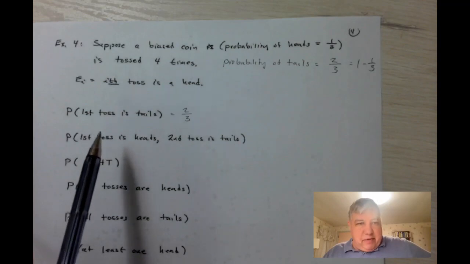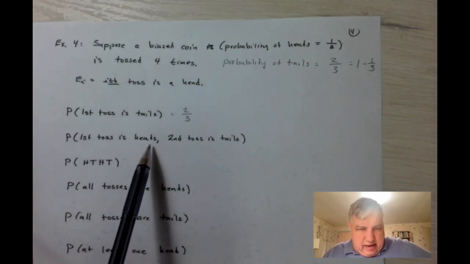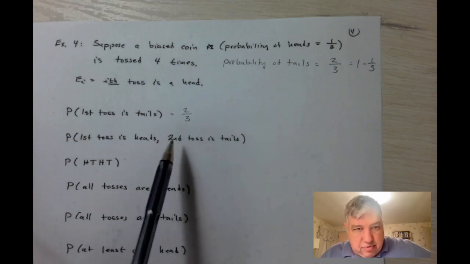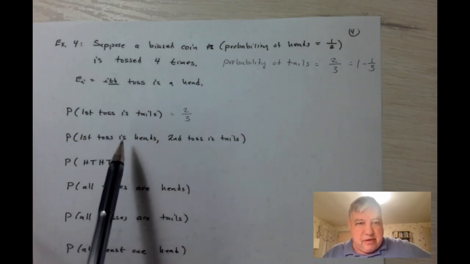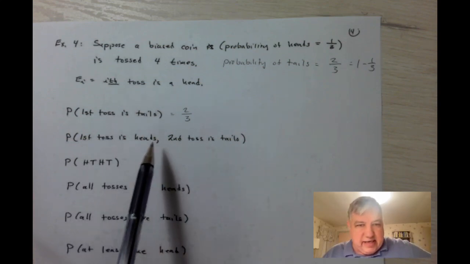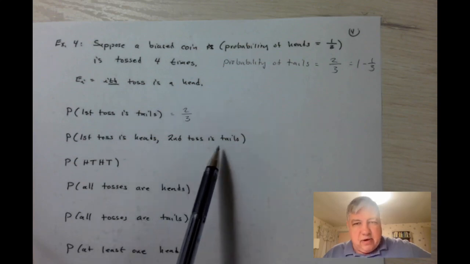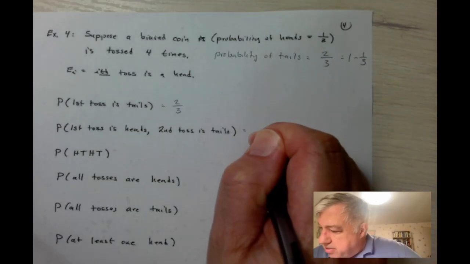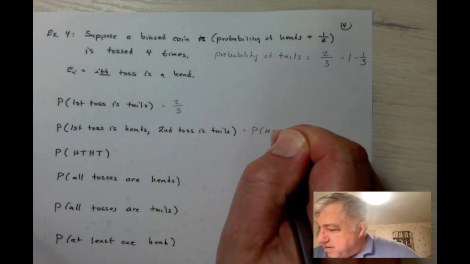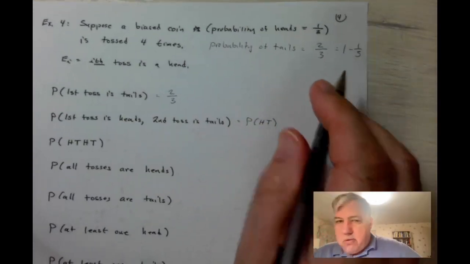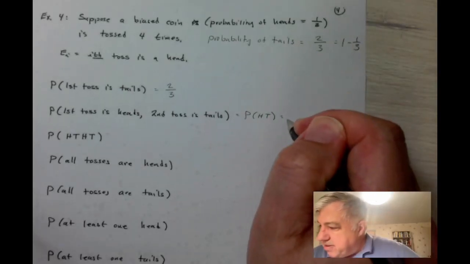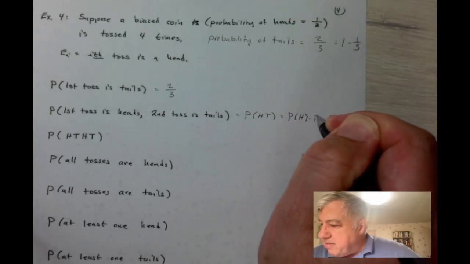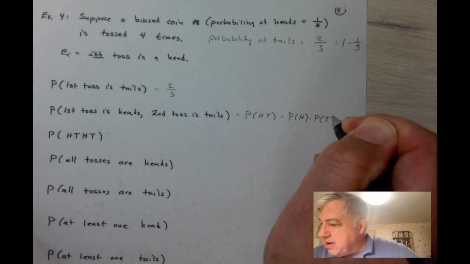Now, what's the probability that the first toss is heads and the second toss is tails? Well, this is not conditional probability. This reads as first toss is heads and the second toss is tails. This is the probability that the first toss is heads times the probability that the second toss is tails.